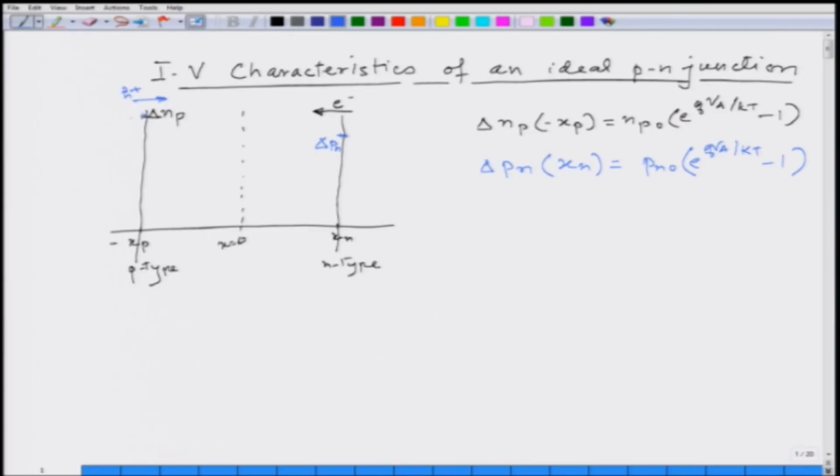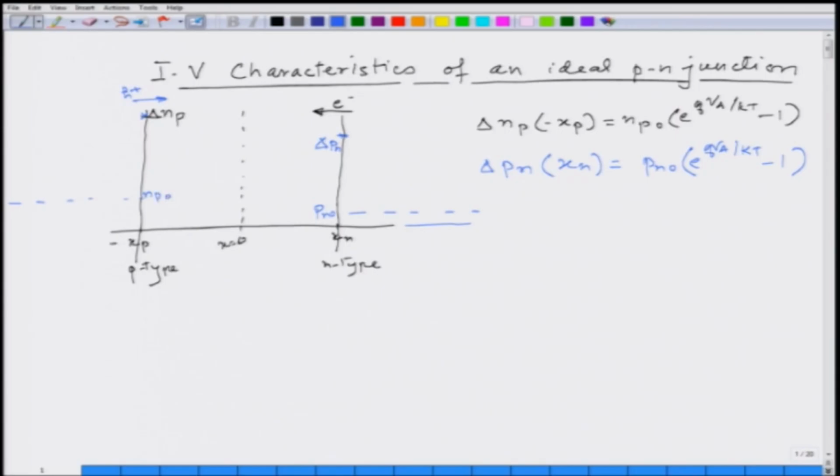And we know very far from the band edge this concentration has to come down to the equilibrium value, which would be the p n o value on the n side in equilibrium, and on this side it will be the n p o value on the p side in equilibrium.